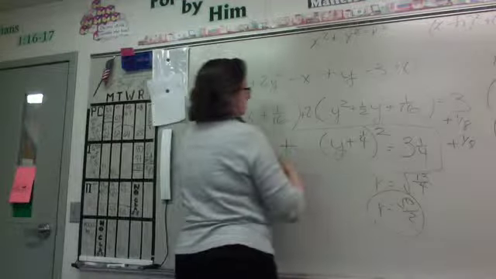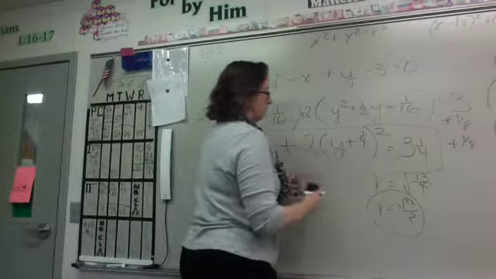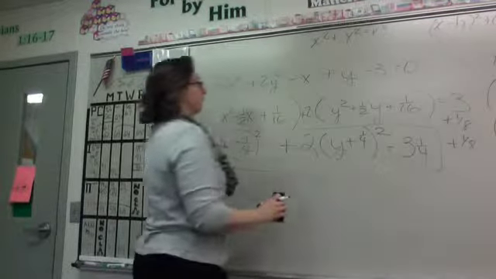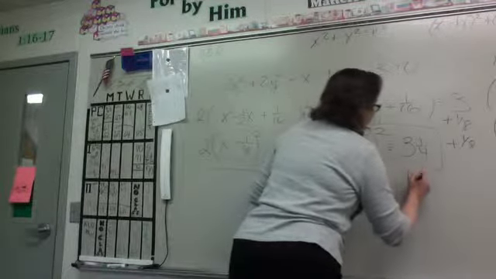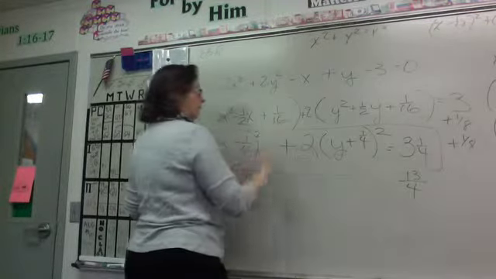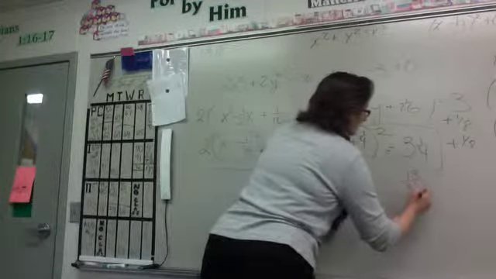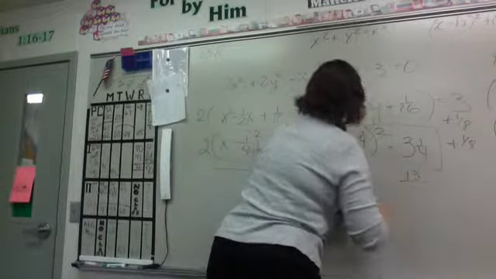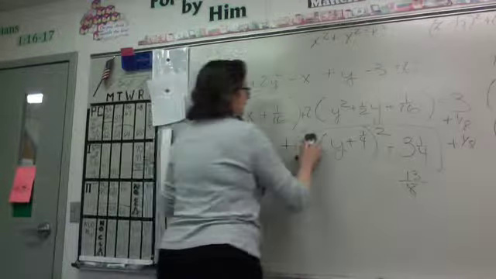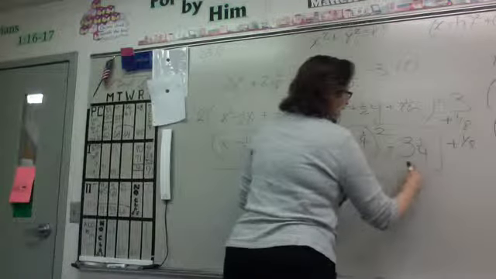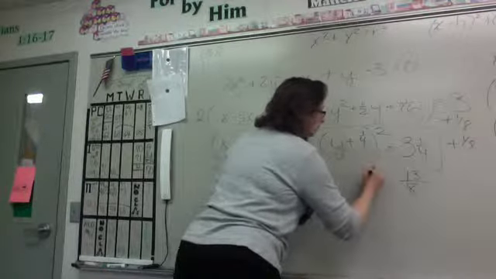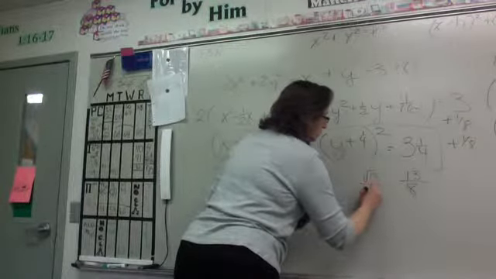That's still a 2, and that's still a 2. And so basically right here, if I divided everything by 2, that would be 13 fourths divided by 2, which would be 8 on the bottom, right? And then when I took the square root of that, it would be the square root of 13 over 2 square root of 2.